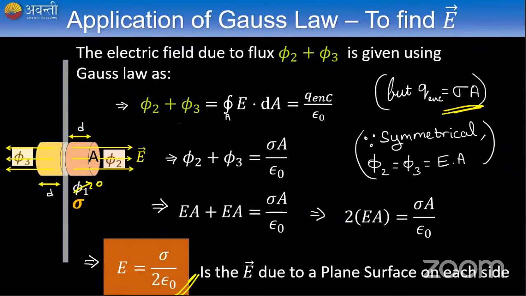If you simplify and find the value of E, my A and A cancel here, and whatever remains is E is equal to sigma by 2 epsilon naught. This is for one side of the plane surface only.